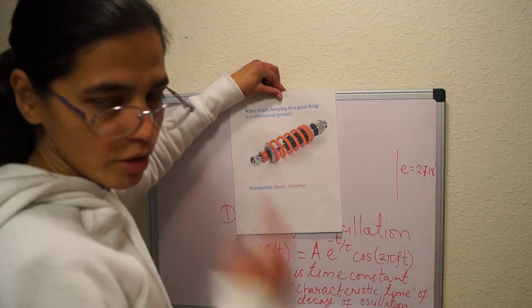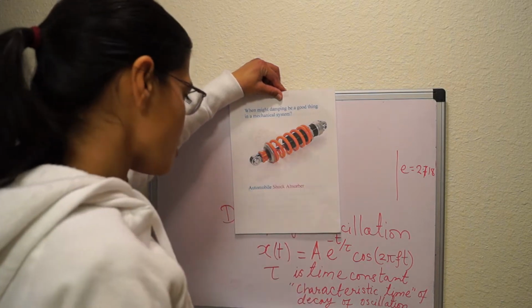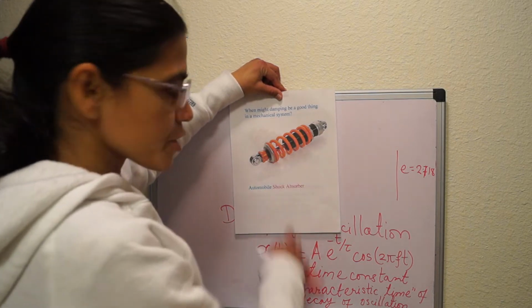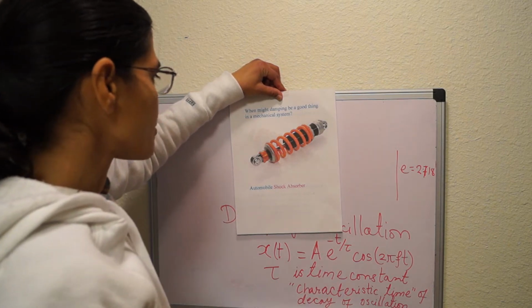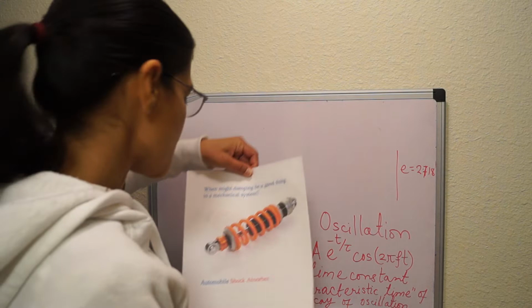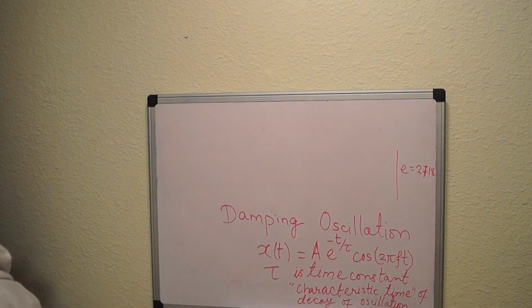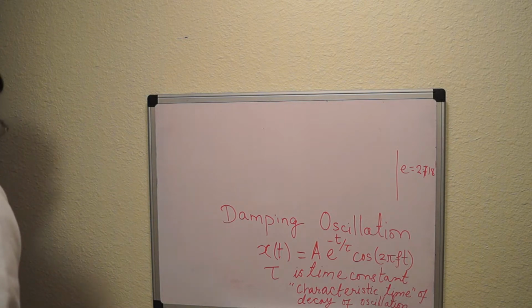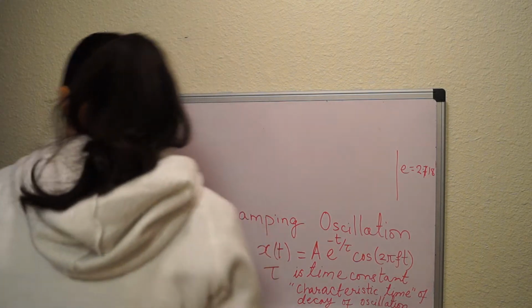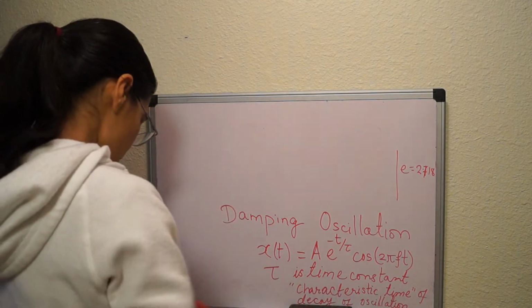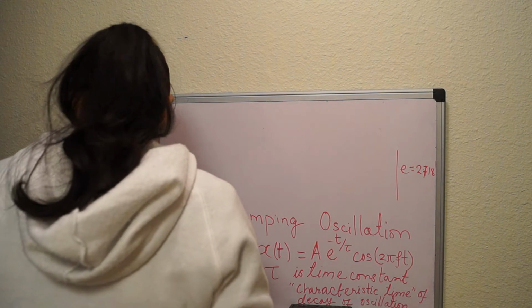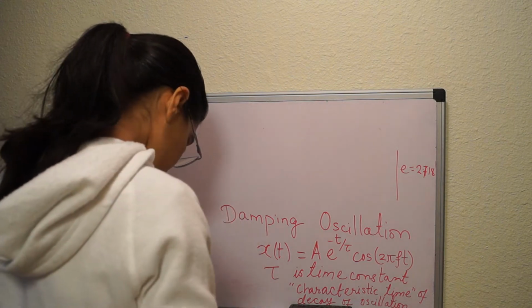We said it's useful in automobiles for shock absorbing purposes, right? We also looked at the example where we could use it for a mountain bike. So this is our topic today.